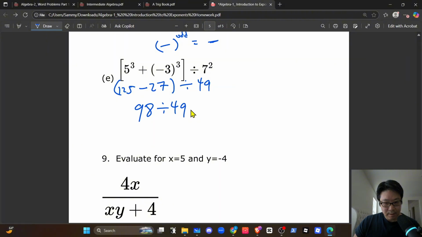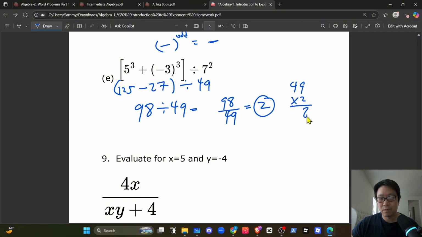We should be able to just write this as a fraction. 98 over 49, and I don't believe, yeah, 49 times 2 equals 98, so this actually equals 2. So 2 is our answer.